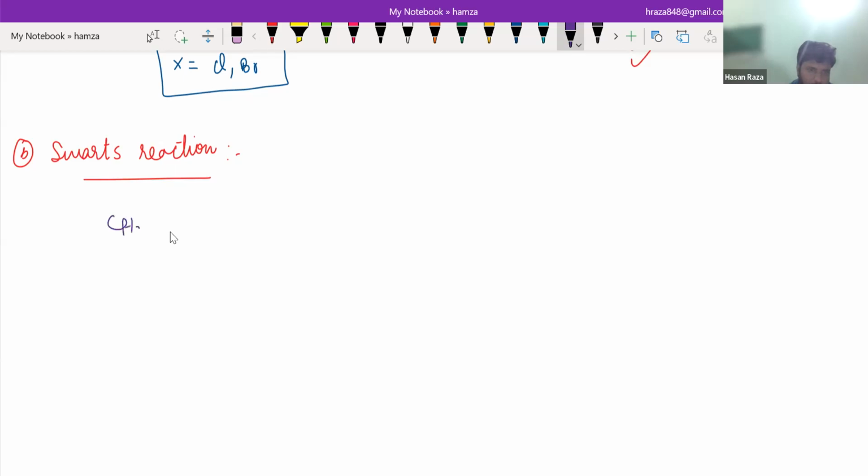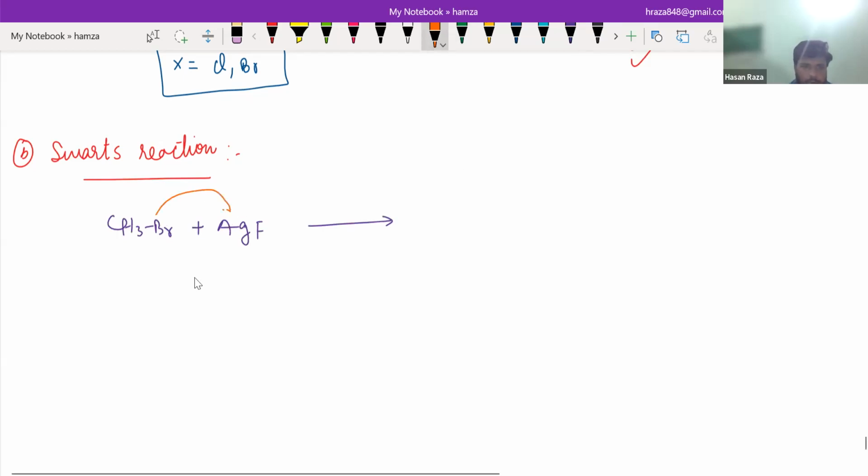If you have CH3Br and you are going to use a salt like AgF, there will be halogen exchange. This halogen will come to this and this halogen will go to this. So it will be CH3F, alkyl fluoride, or you can say methyl fluoride or fluoromethane, and AgBr will be out.